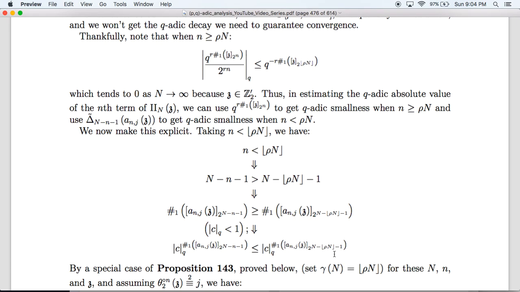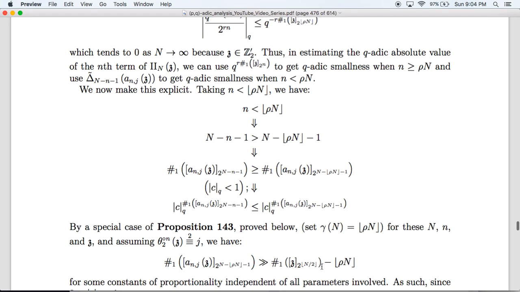Now we're going to do a proposition, number 143, which we'll prove once the rest of this argument is done. For that proposition, we set gamma of n to be the floor of rho n.